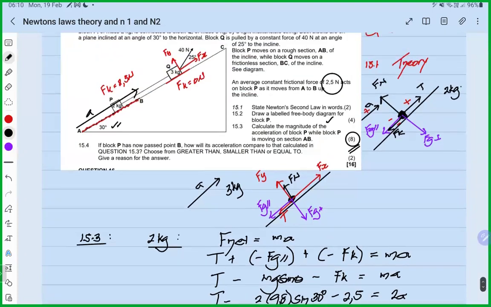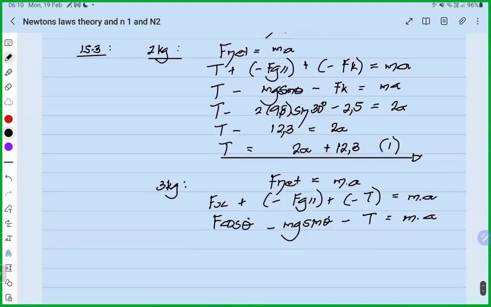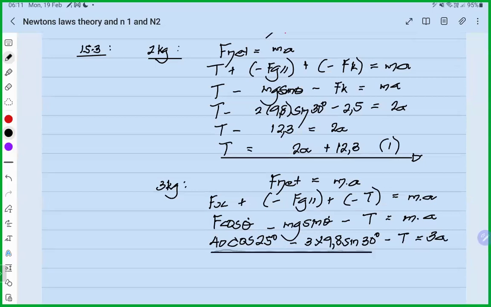What was the applied force? 40. 40 cos 25 minus 3 times 9.8 sine, and this is the inclination angle 30, minus T equals ma. Sorry, the mass is 3. Can somebody work this out here, please, to at least 3 decimal places for me?